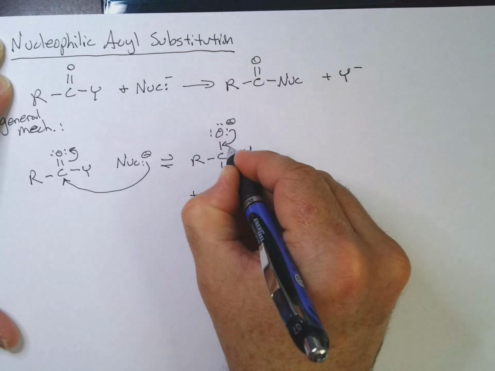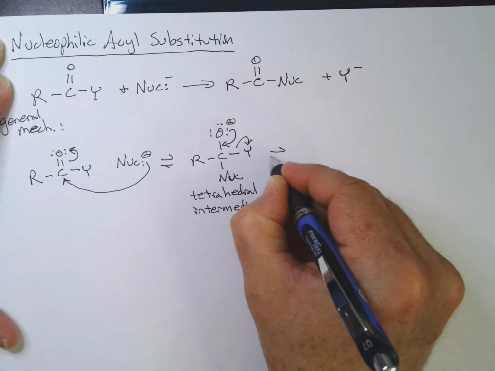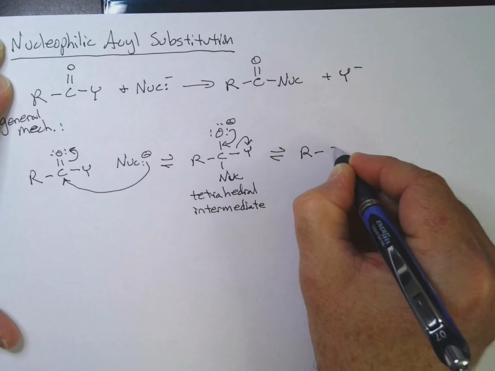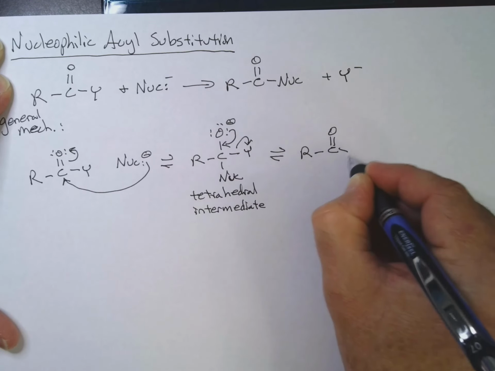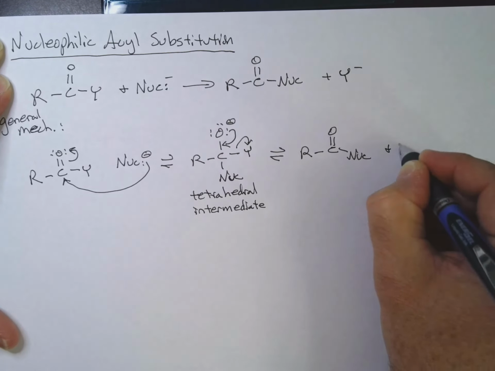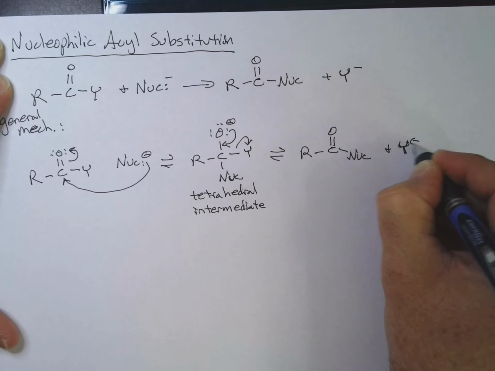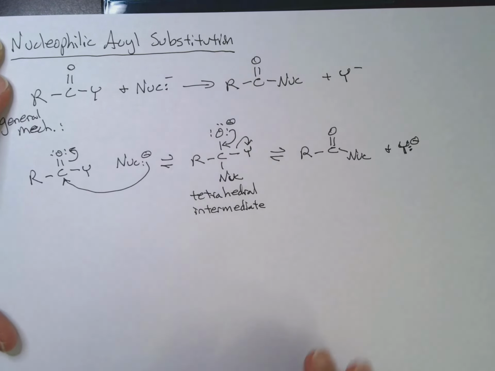And then we can get loss of leaving group to give us R, C, double bond O, nuc, plus Y minus.